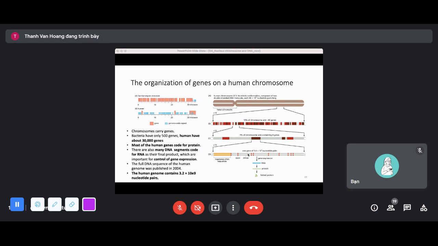Because, as I said, not all genes are expressed at the same time. Can you imagine that all the cells in our body have the same DNA content, right? But we have so many cell types, right? So how can the cells know what they should do, which protein to express?